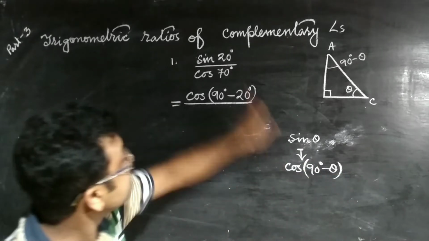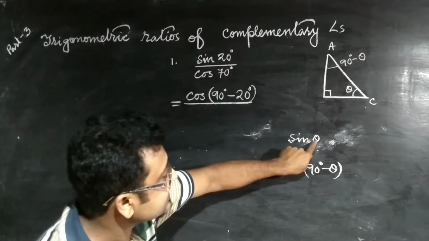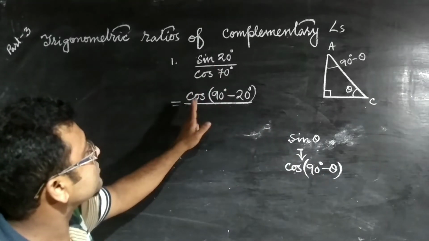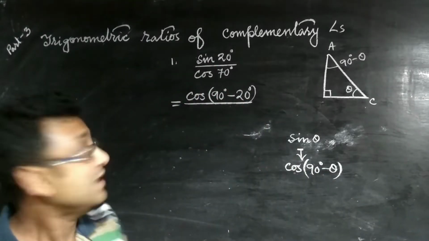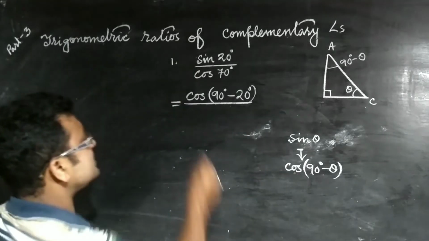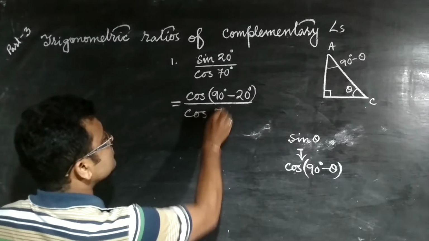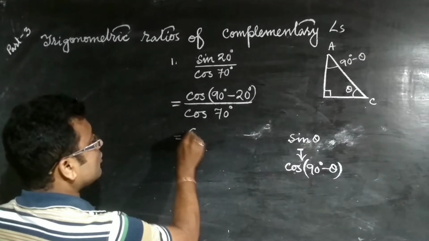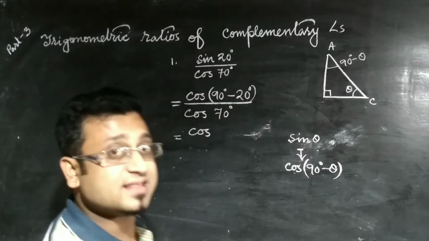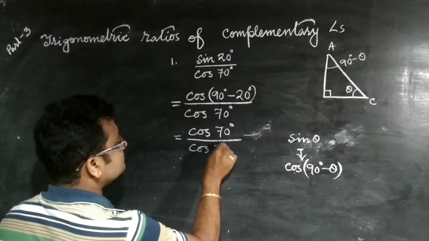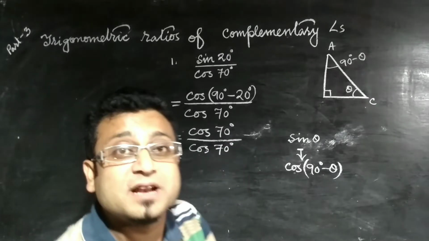So here instead of sine theta, here it is sine 20, it will be cos 90 minus 20. So instead of sine, I have written cos 90 minus 20. And this cos, keep this one as it is. Don't change this one. So it will remain cos of 70 degrees. Now, cos 90 minus 20, I think you know, that is 70. This is also 70. Now same value divided by same value.